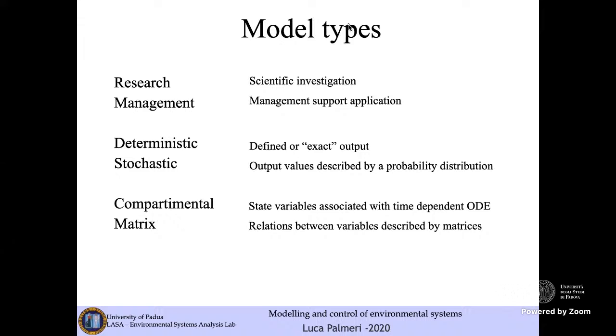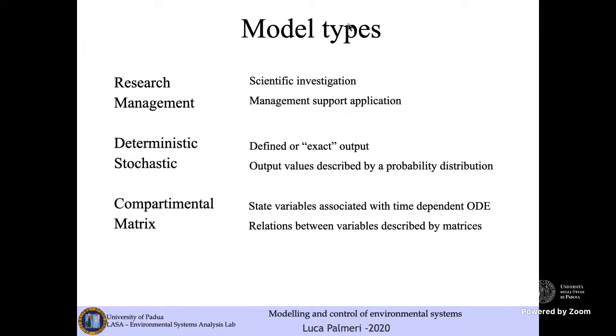In compartmental modeling, state variables are associated with time-dependent ordinary differential equations. So, the compartmental model is the starting point when you are able to subdivide the various actors that play a meaningful role in your ecosystem, and you start by introducing state variables, for example, the compartment of phytoplankton, or the compartment of zooplankton, or the compartment of mammals, or the compartment of nitrogen in the various forms, or the compartment of phosphorus, or the compartment of inorganic phosphorus, that is orthophosphate, and so on.